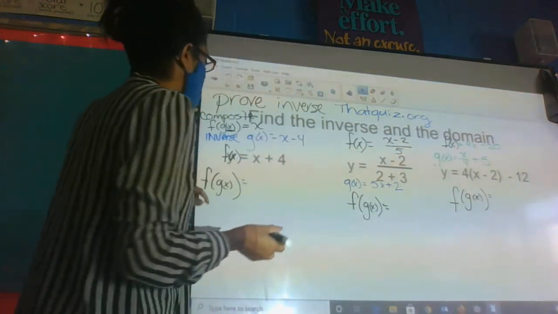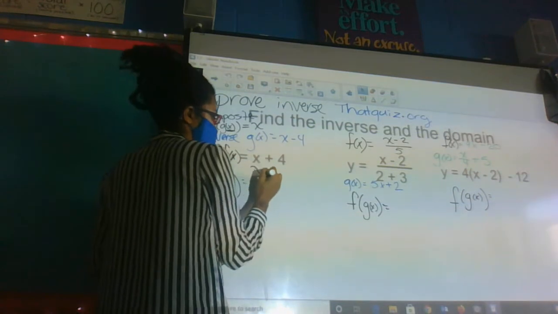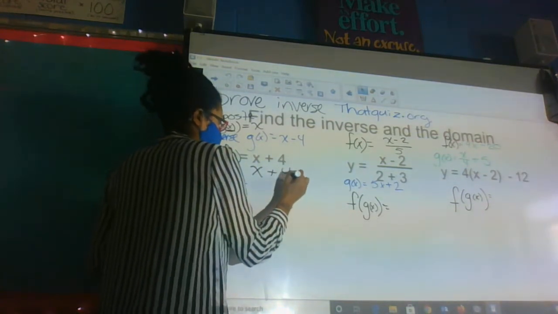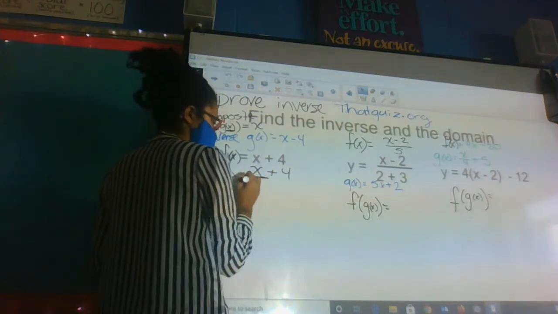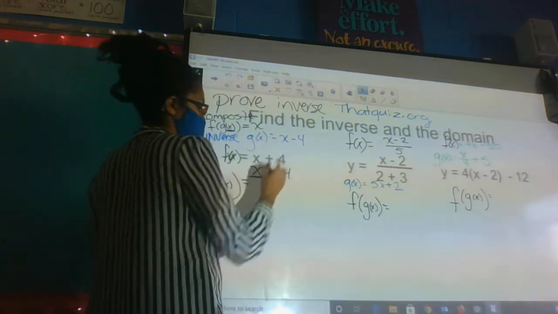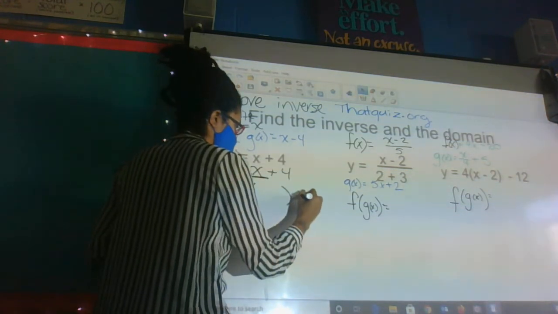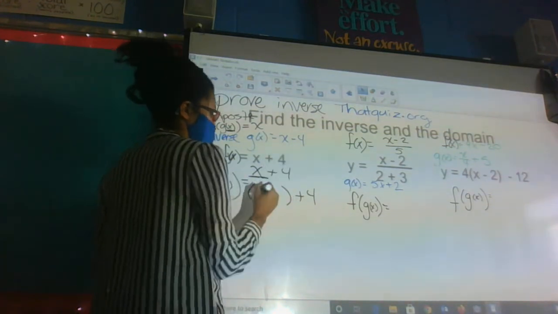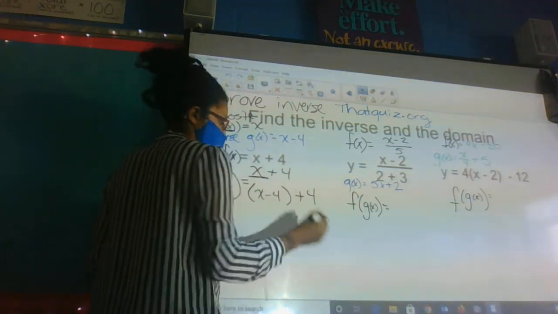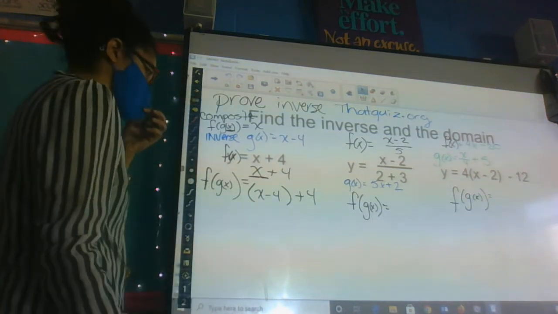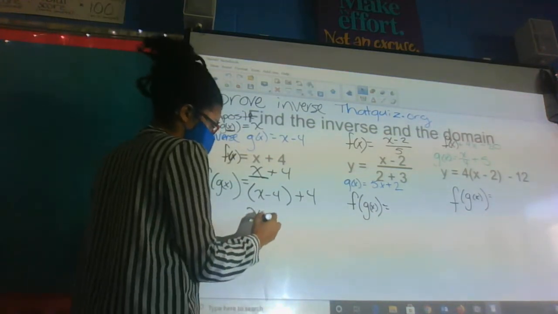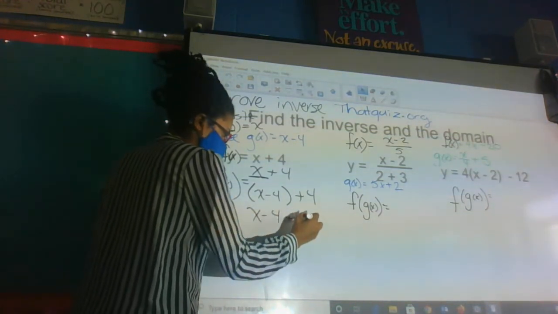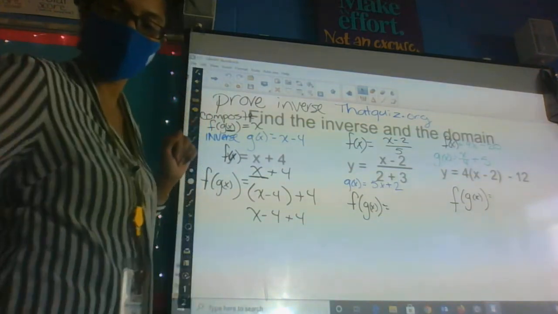Okay? So, I have my f function. And instead of my x, I'm going to replace it with my entire g function. So, here's where my x would have been. I put my entire g function in there. I simplify by getting rid of the parentheses. There's nothing to multiply out.